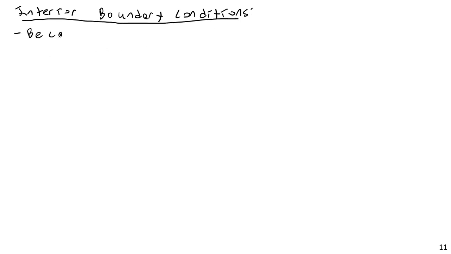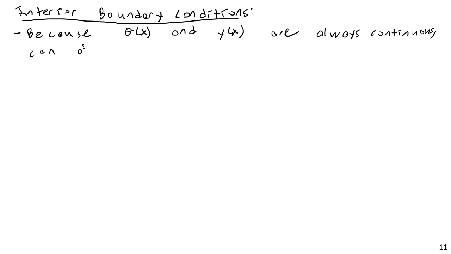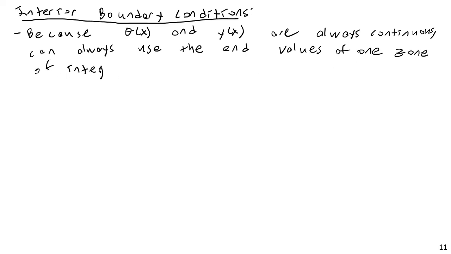So again, back to the boundary conditions. Interior boundary conditions, essentially. Again, because theta as a function of x, and y as a function of x are always continuous, you can always use the end values of one zone of integration as the boundary condition for the next.